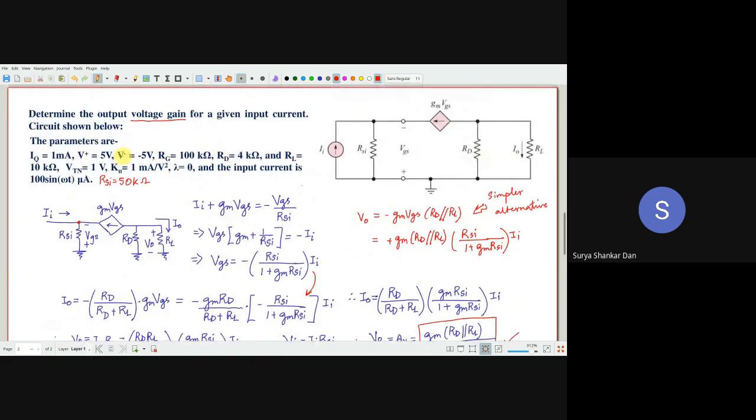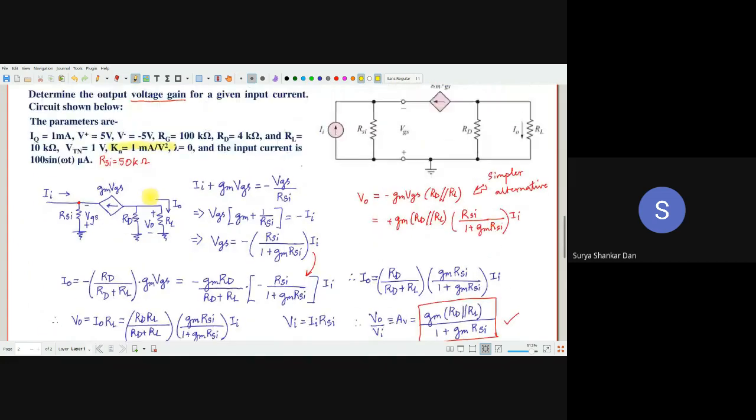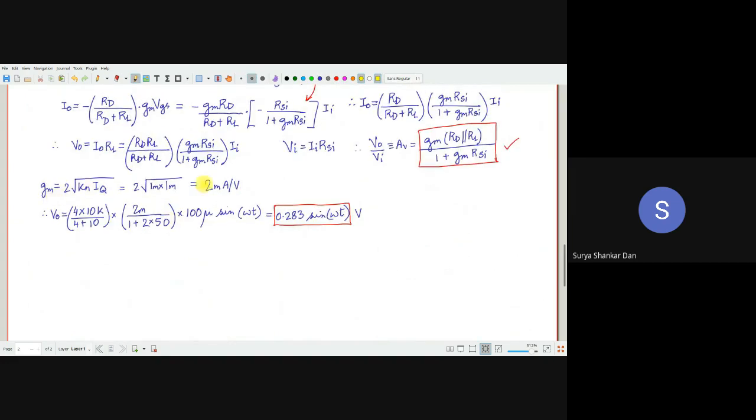Kn is given over here, and then IQ is given over here. Then you can obtain the value of GM.